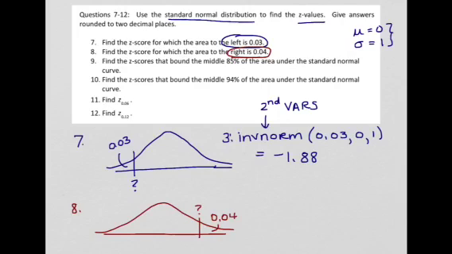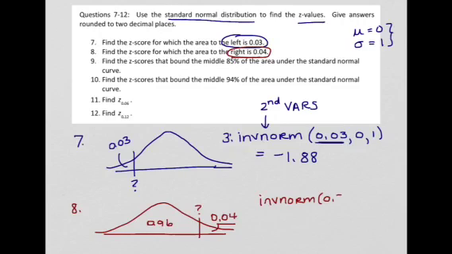The calculator only finds the z-score for the area on the left. So in the previous problem, we had 0.03 on the left. In this case, the problem says that we have 0.04 on the right, which means that we have 0.96 on the left.